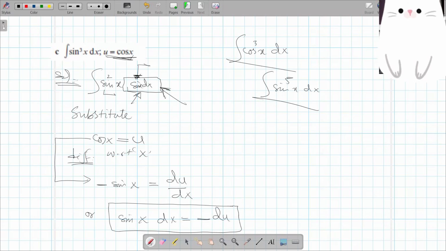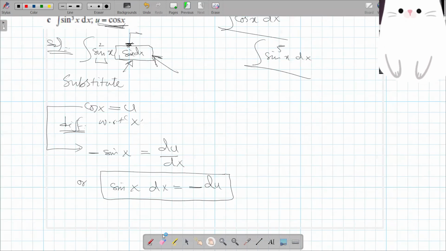What about sine squared x? Because we are using the substitution cos x equal to u, you need to convert this sine square, which you can convert easily in terms of cos: 1 minus cos squared x.